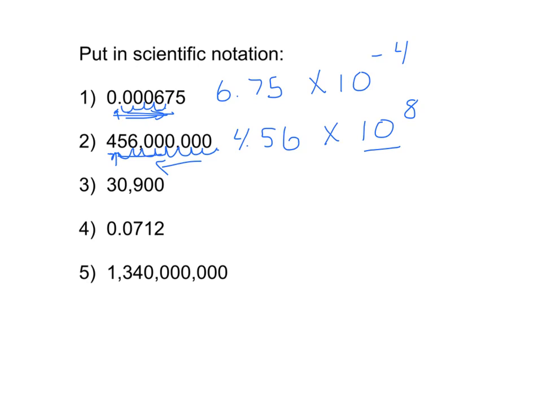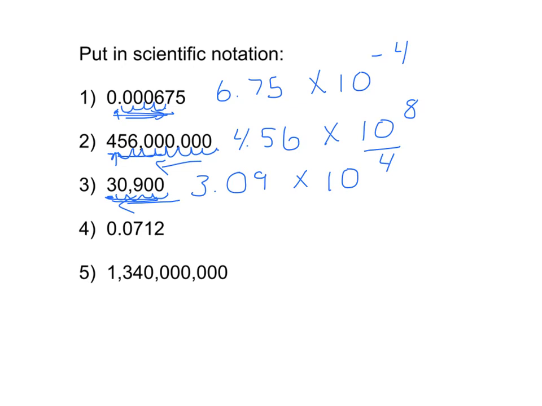For number 3, the one digit that's not 0 in front of the decimal place will be a 3, so we'll have 3.09 times 10, and we're moving the decimal from here 1, 2, 3, 4 places, and it will be positive because this is a big number and we're moving the decimal to the left.